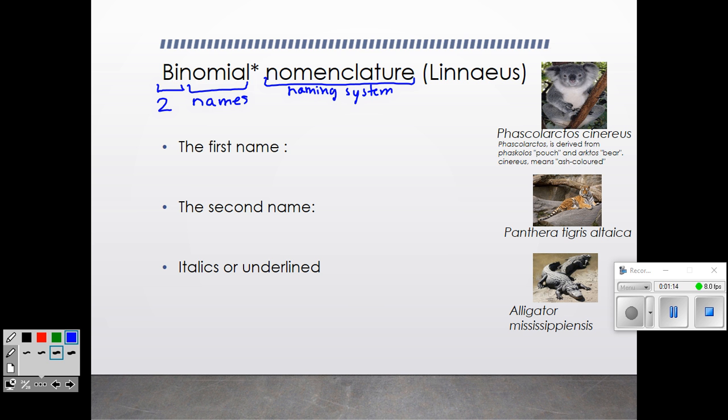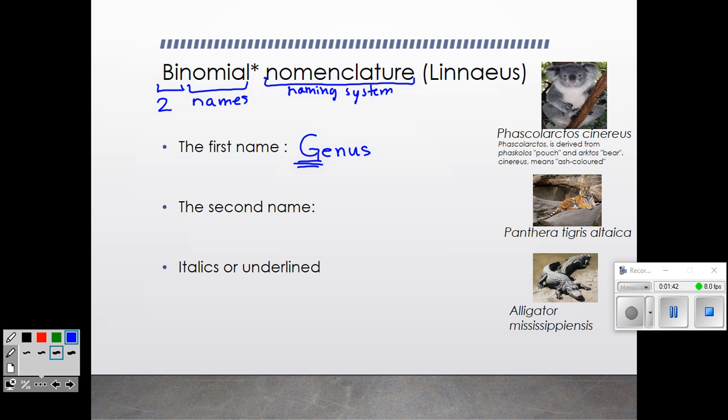Now, when we're talking about an organism's scientific name, it's actually a little bit backwards from how we use names in English, but in other languages, this is how people's names work. The first word of the name is where we put their genus. Notice how I wrote the G with a capital letter. That was on purpose.